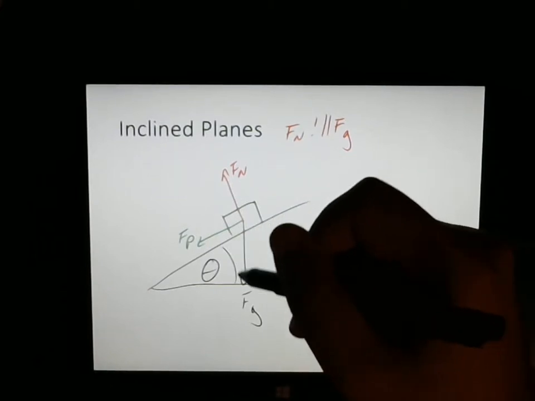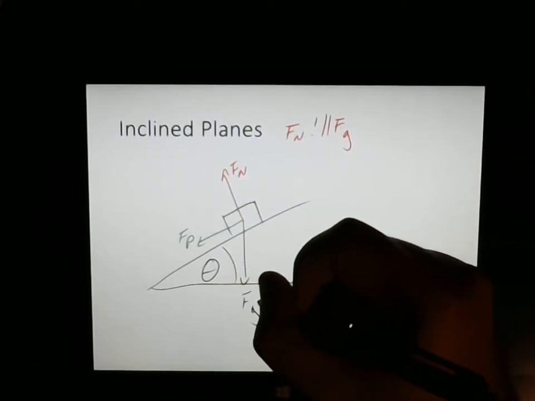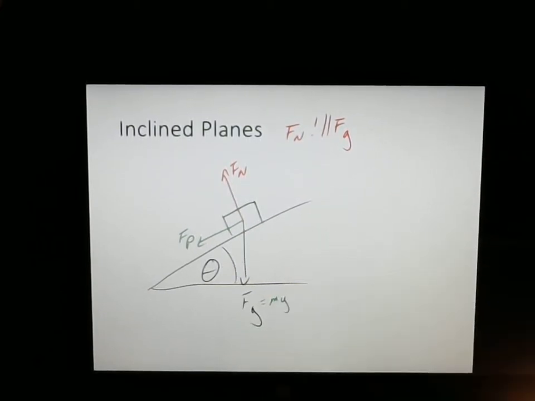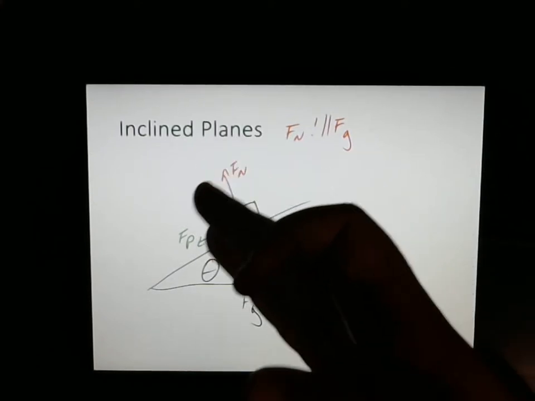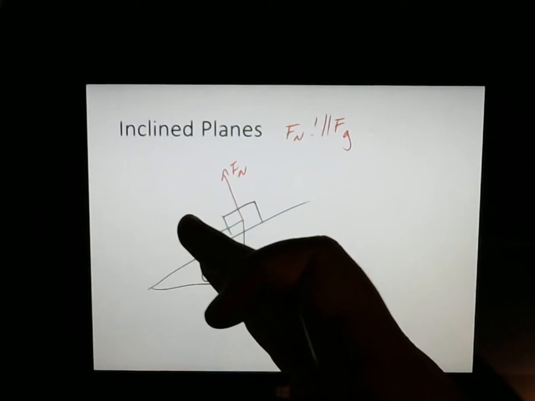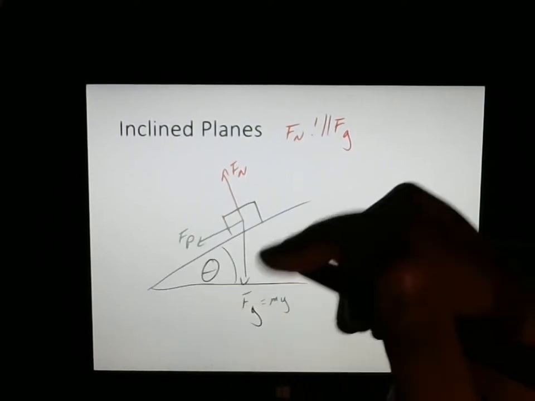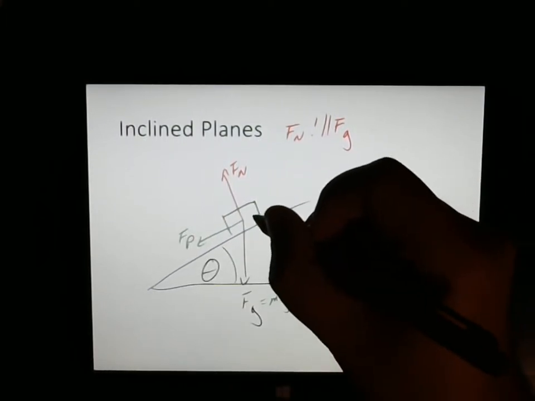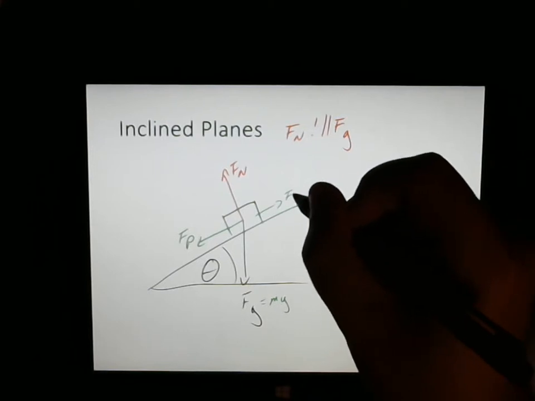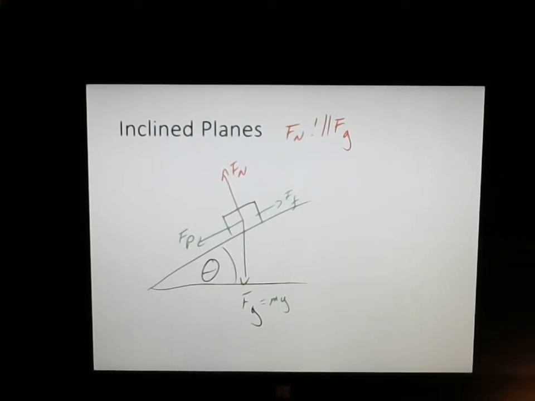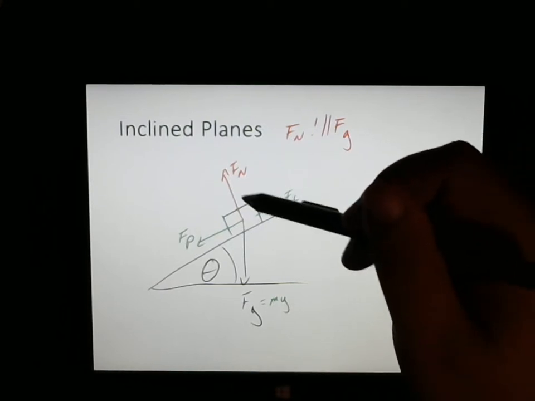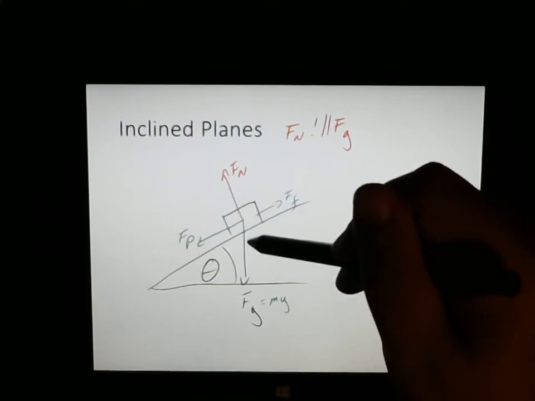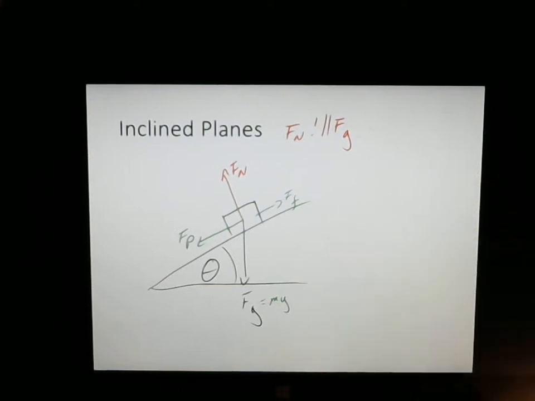We know the force of gravity, we know how to work that out, that just equals mass times the gravitational acceleration, but what's the force due to the normal force, and what is the force that is pulling these objects down? Obviously, if this is not moving, there would be a friction force that would oppose it, but until we know what that is, we're not going to be able to figure out what that is. And if we don't know what that is, then we don't know how to balance it against this gravitational force.